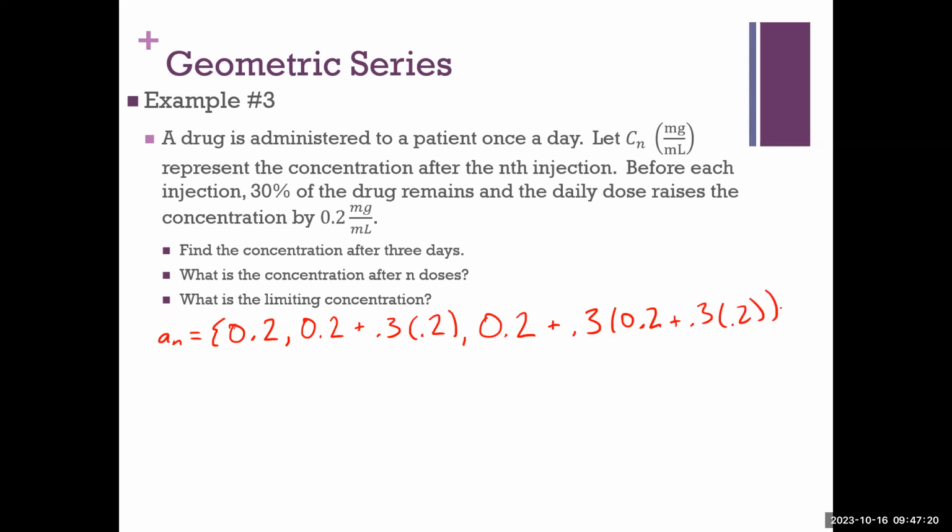So all these things are kind of nesting together, right? So a sub n equals 0.2 plus 0.3 times a sub n minus 1. So we have this recursion going on here. You okay with that?